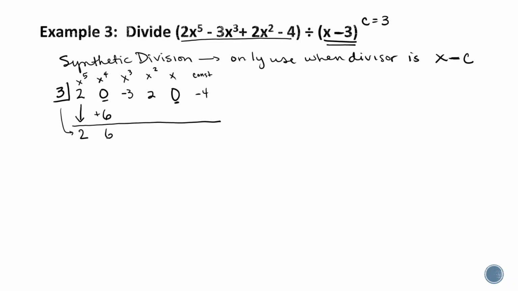And then we add, and we multiply. So 3 times 6 is 18. And then we add, and then 3 times 15 is 45. And then we add those, and we multiply. So 3 times 47 is 141.